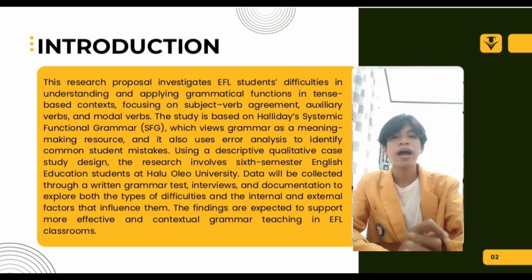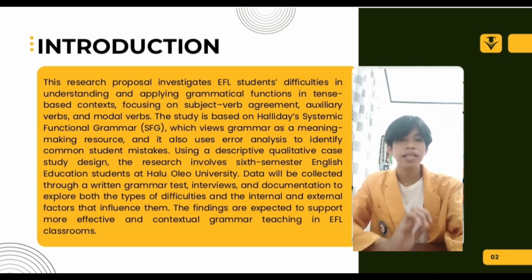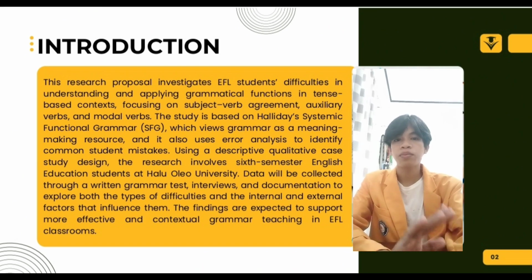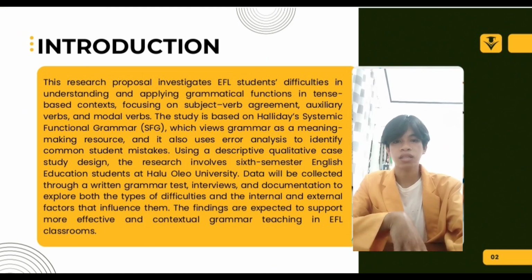This study highlights that many students still experience difficulties with subject-verb agreement, auxiliary verbs, and modals because grammar learning often emphasizes memorizing rules rather than understanding their function in context. Therefore, this study is important to determine whether the student difficulties arise more in form, function, or both.